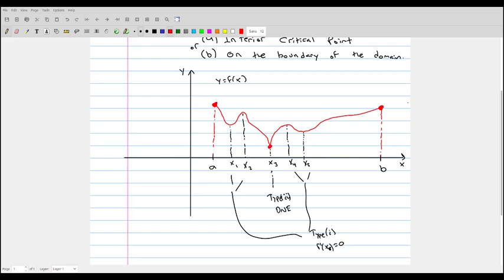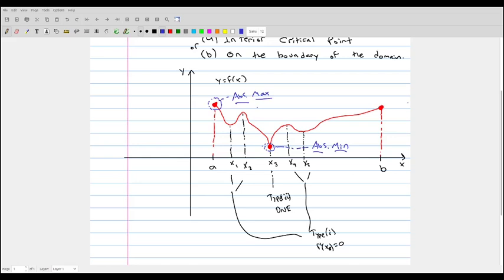The global minimum of the function occurs here at this critical point at x3, so we say that x3 is an absolute min of the function on the interval from a to b, and the absolute maximum of the function doesn't occur at any of the interior critical points, but it occurs on the boundary.